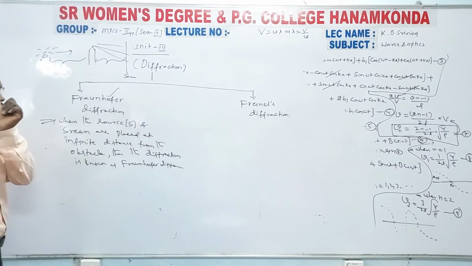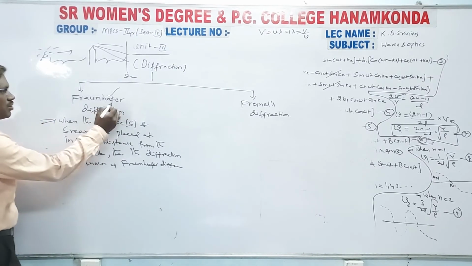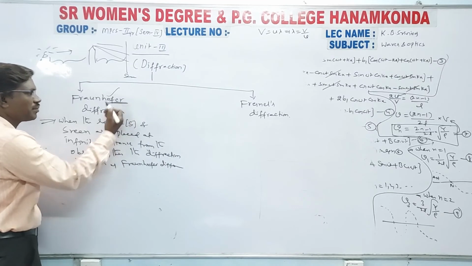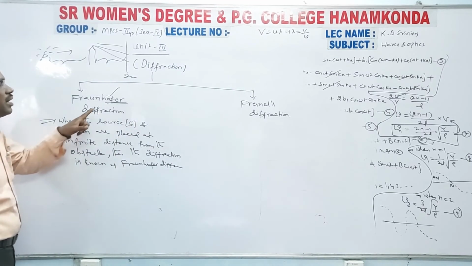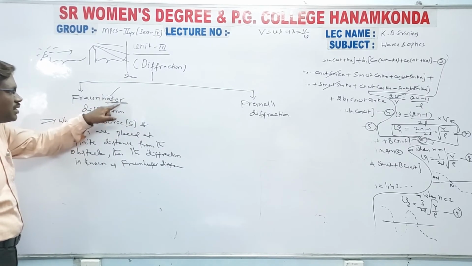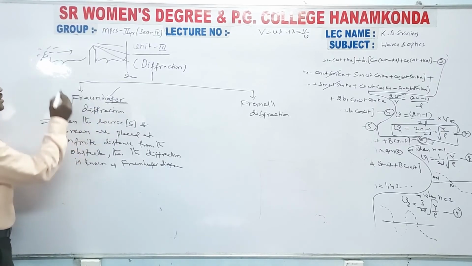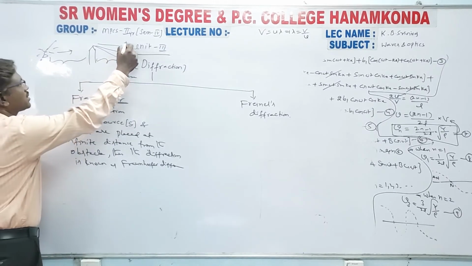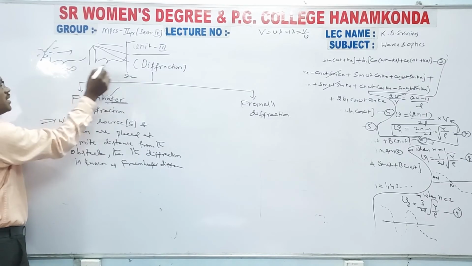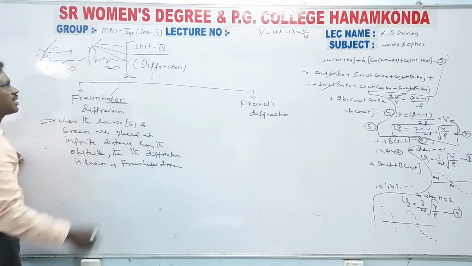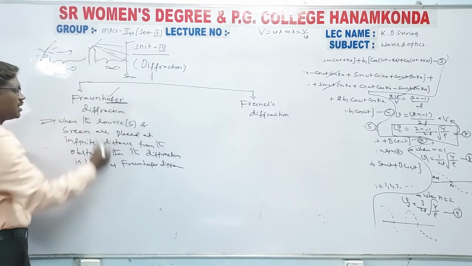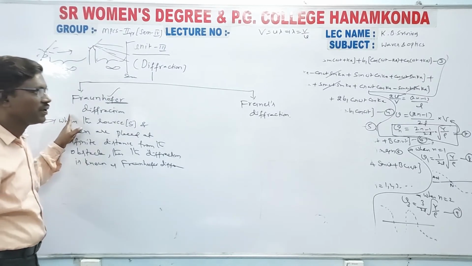This is the definition of Fraunhofer diffraction. That is why at the beginning of the topic I said, just concentrate on this term. When the source and screen are placed at infinite distance from the obstacle, then the diffraction at the obstacle is known as Fraunhofer diffraction.